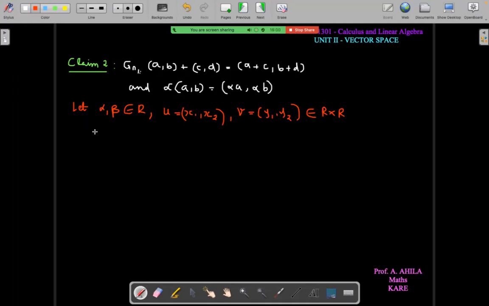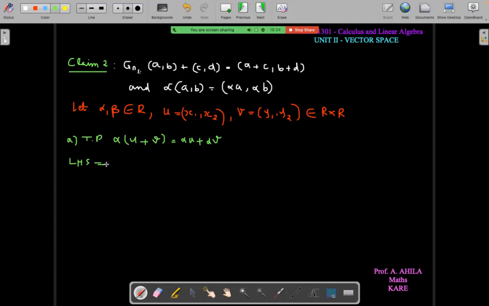Okay. Now we try to prove the first condition, that is A. We need to prove alpha into (u plus v) equal to alpha u plus alpha v. Now let us consider the left hand side.